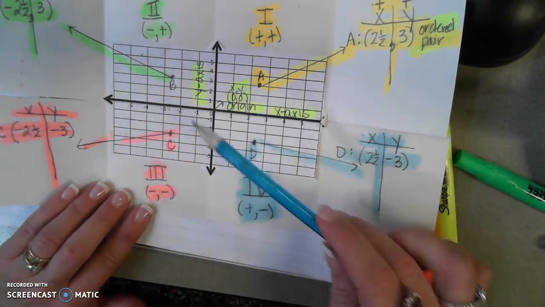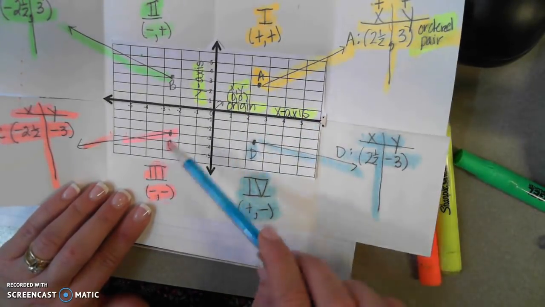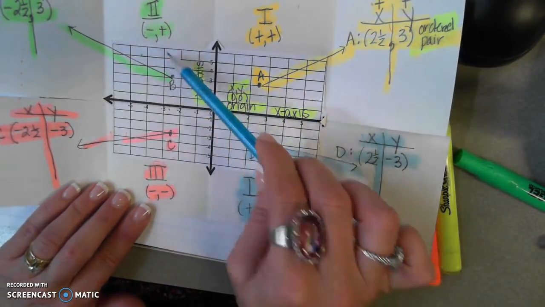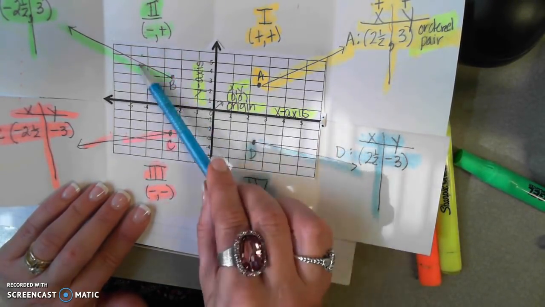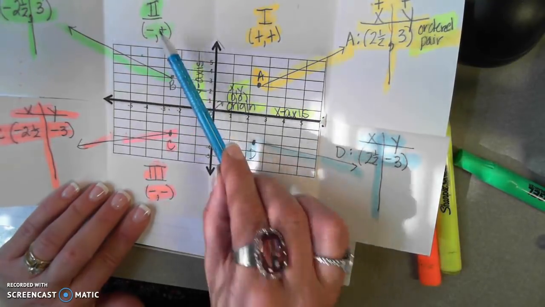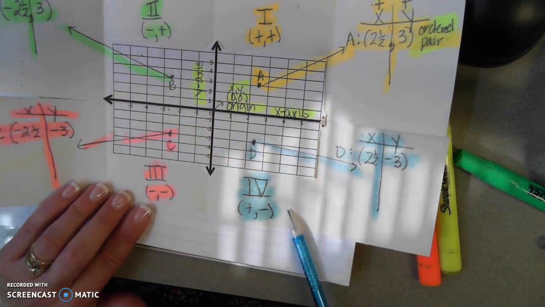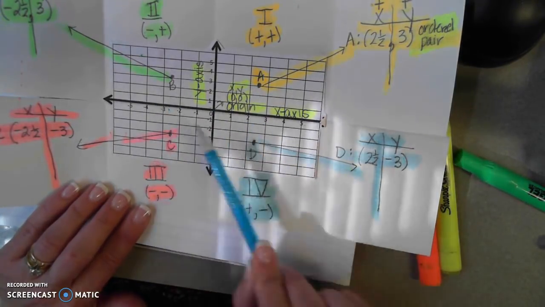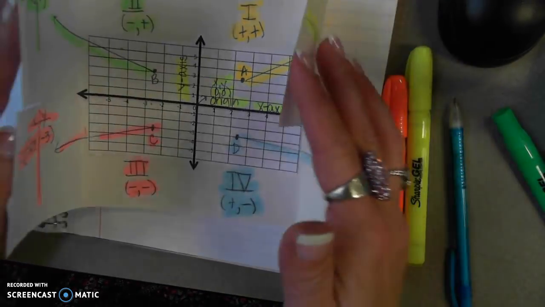And if you look at quadrant 2 and 4, which are opposite of each other, another thing to remember, 1 and 3 are odd numbers, 2 and 4 are even numbers. You have one of each. So to land in 2, it's negative positive, but to land in 4, it's positive negative. So those are some similarities that you can use to remember which quadrant is which.